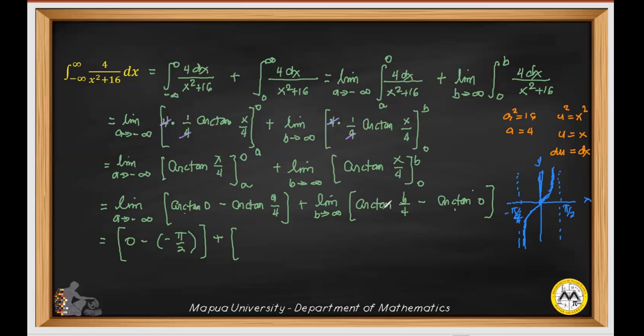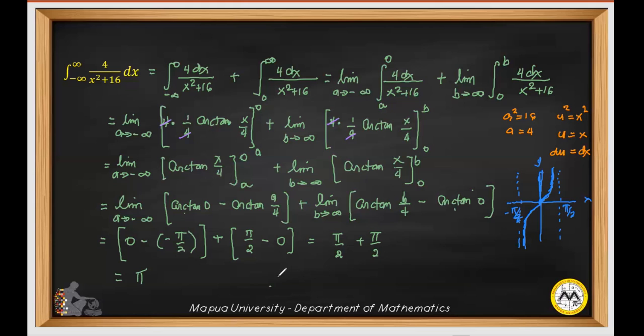So the limit of arctangent of b over 4 as b increases without bound will give us pi over 2 minus, of course, arctangent of 0 is 0. So this will give us 0. Hence, we will have the negative of negative pi over 2, which is positive pi over 2, plus pi over 2. And pi over 2 plus pi over 2, of course, is pi.